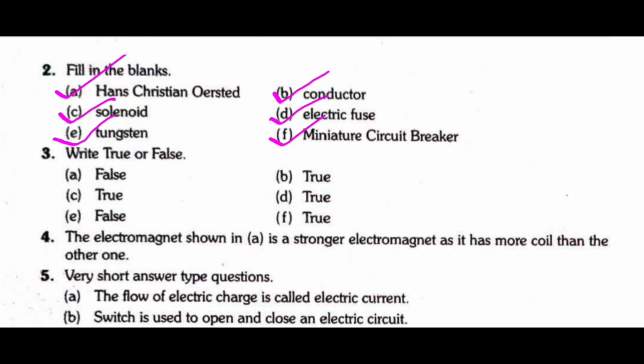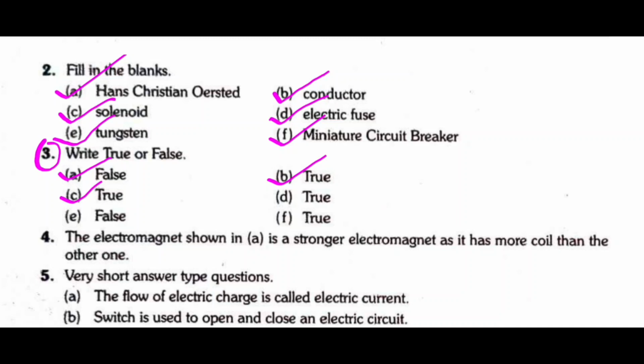True or false, question number 3. Conductors have high resistance. False. A fuse wire breaks when the circuit is overloaded. True. The amount of heat produced in a wire due to the heating effect of electric current depends on the resistance of the wire.